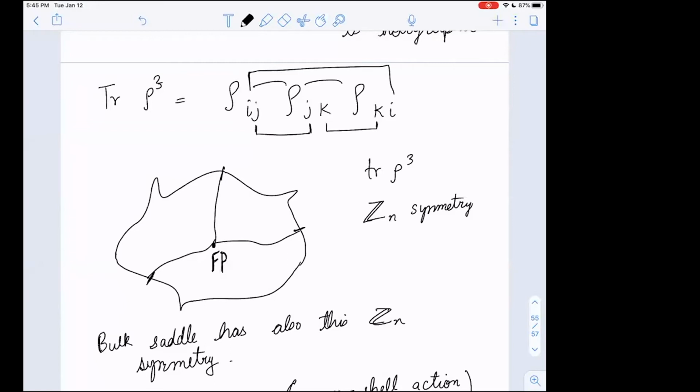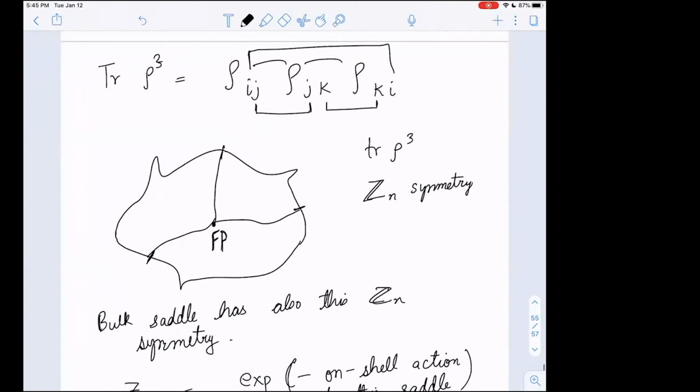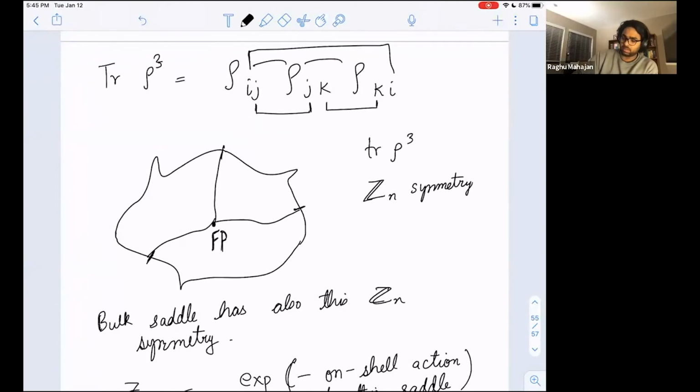Is it obvious that there has to be a fixed point in the bulk for the Zn? Yeah, no, in all of these, I think rigorous results are just absent. And what you should think of this derivation as capturing is a large class of interesting examples, so that most likely you will encounter something that falls in this class.